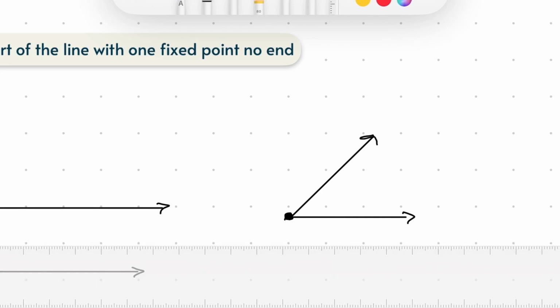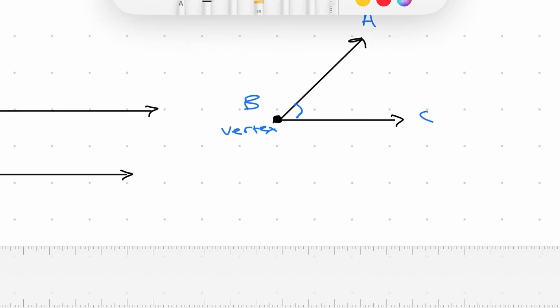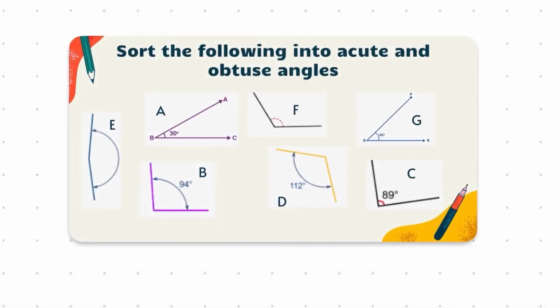So basically, every angle has two rays that both intersect at a common point that we discussed earlier is called the vertex. And I can label my angle based on where the vertex falls. So if the vertex is called B, this angle would be called ABC, because B is in the center between points A and C.